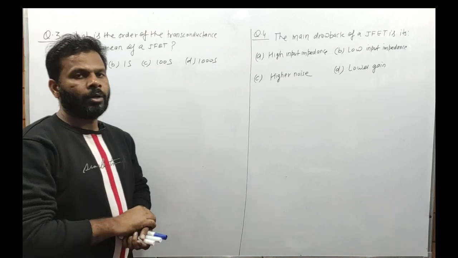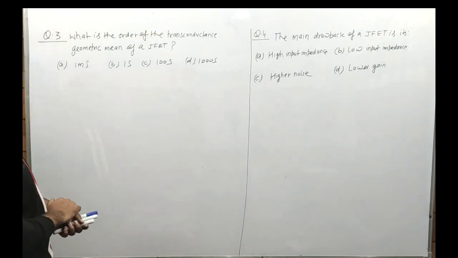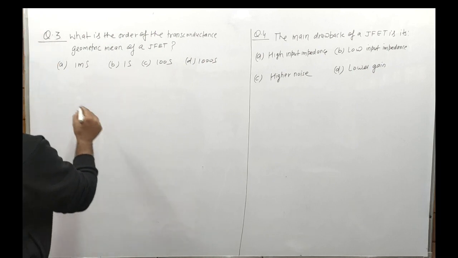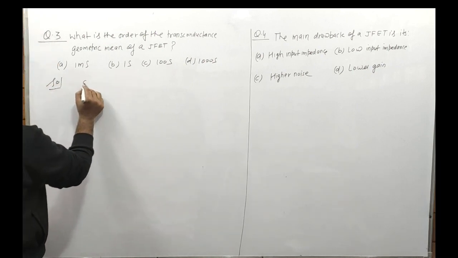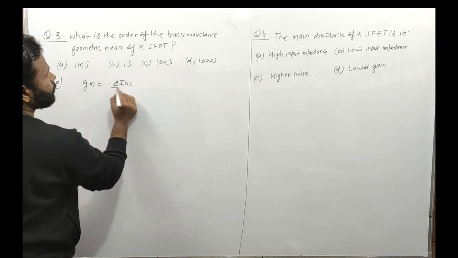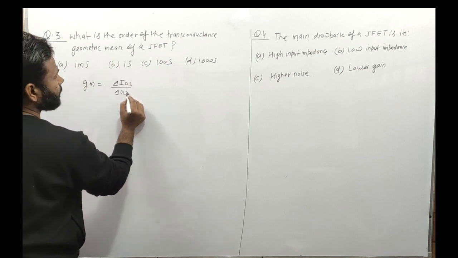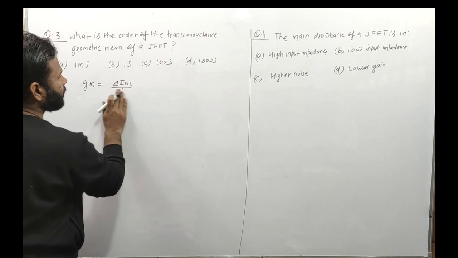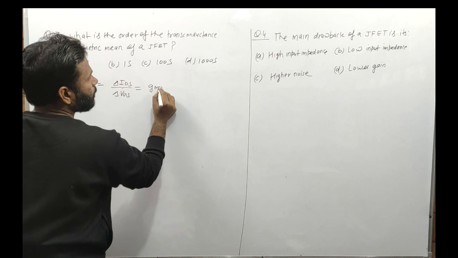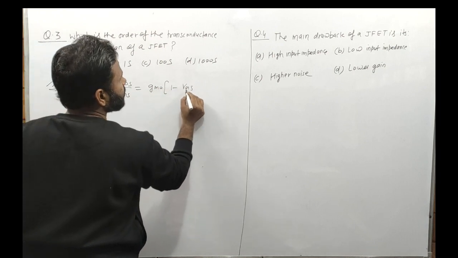नेक्स्ट क्वेश्चन देखते हैं. अब थर्ड और फोर्थ क्वेश्चन देखते हैं. What is the order of the transconductance, geometric mean of a JFET. सो अगर हम बात करते हैं ट्रांसकंडक्टेंस की, GM is change in IDS upon change in VGS, that is equals to GM naught times 1 minus VGS upon VP.